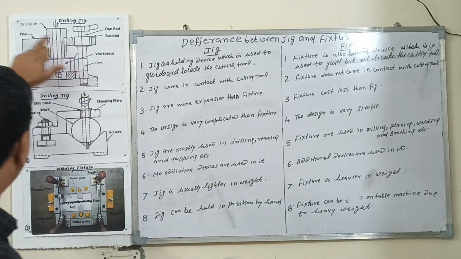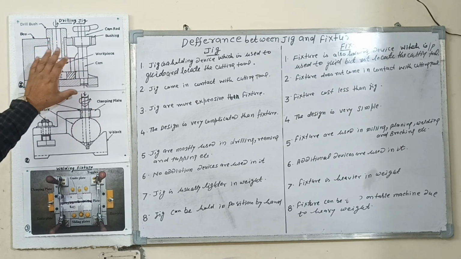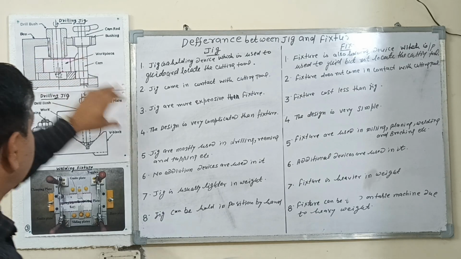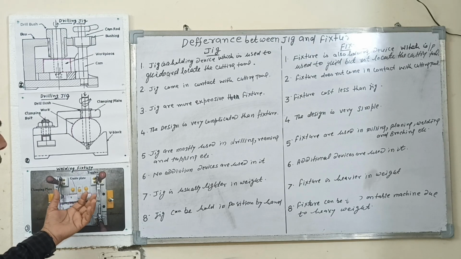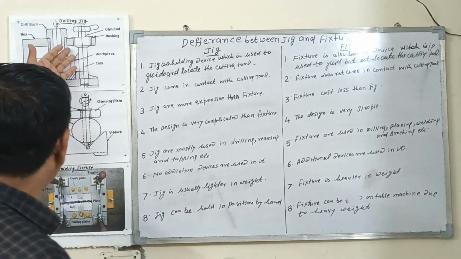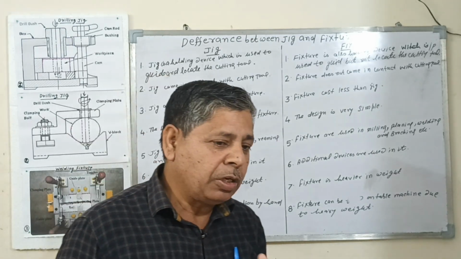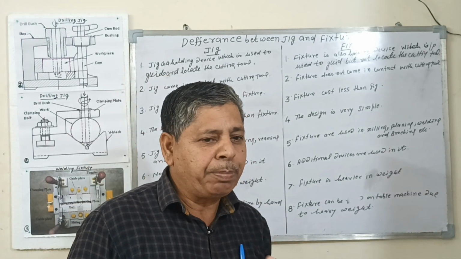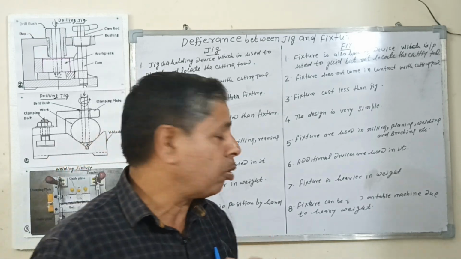Different types of components are made with the help of different types of machines: grinding machine, milling machine, lathe machine. So a jig is very expensive compared to a welding fixture. The design of the jig and fixture generally depends upon the different shape and size of the components and what your requirement is.